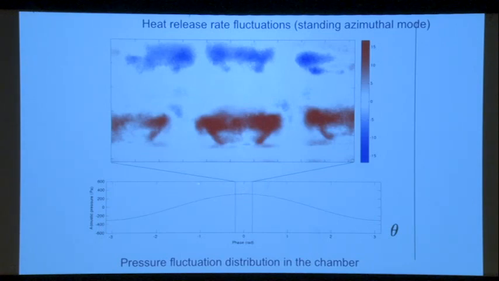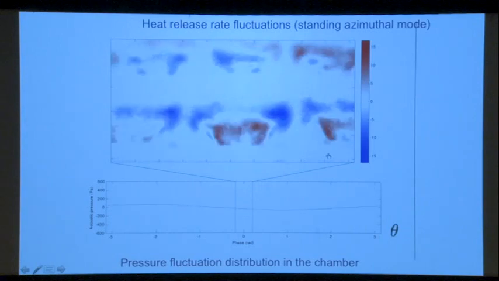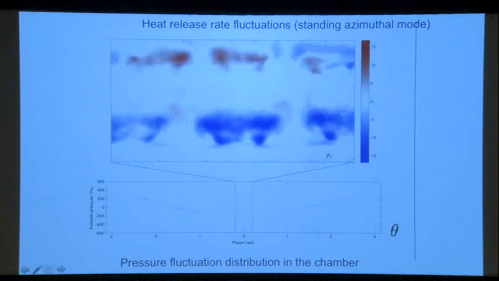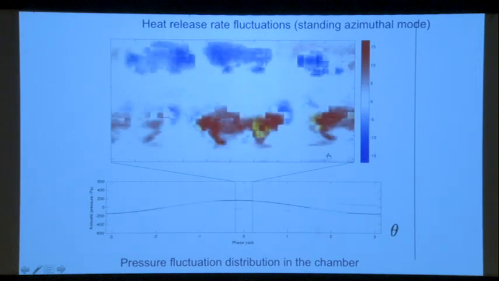So this viewing window corresponds to just that, while the pressure is calculated all over. You see, we calculate the whole pressure field, but like that, we look at only these three flames here, and you can see immediately that the pressure and the heat release fluctuation are in phase. Let's do it again. So in this case, the Rayleigh criterion is satisfied. The pressure and the heat release are in phase.